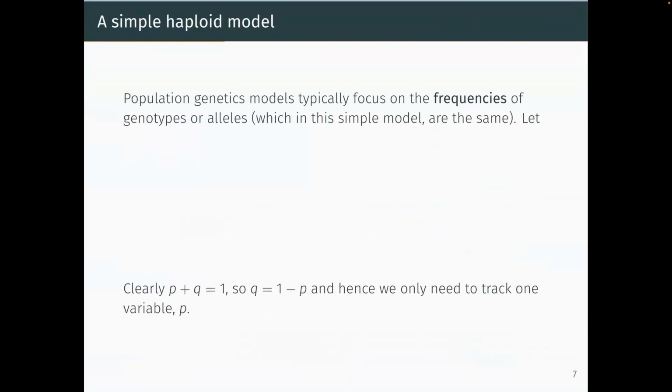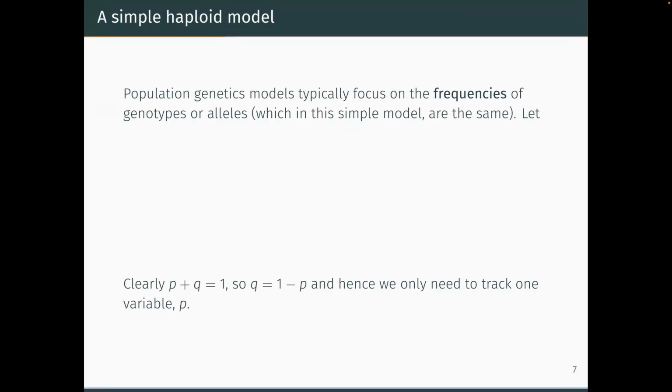Okay, now let me go. So now we're going to be talking about frequencies. So we can convert our abundance into a model with frequencies. Very straightforward because we know how many individuals there are of type capital A and type little a. Those are the only two types of individuals in the population. So we can just define some new terms. Let's define p to be equal to n sub A, capital A that is, divided by the total population size.